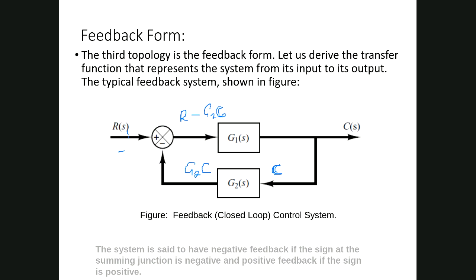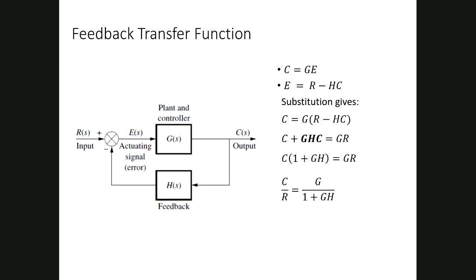So what do we have here? It's better we introduce another signal here, E. So this C is G times E. Meanwhile, E here is equal to R minus H times C, because as I said earlier, we have C coming in here.